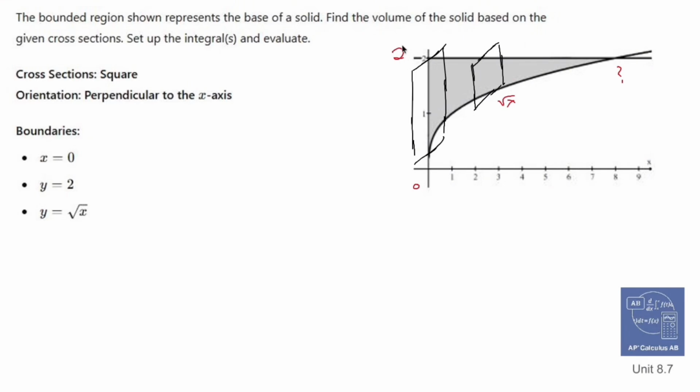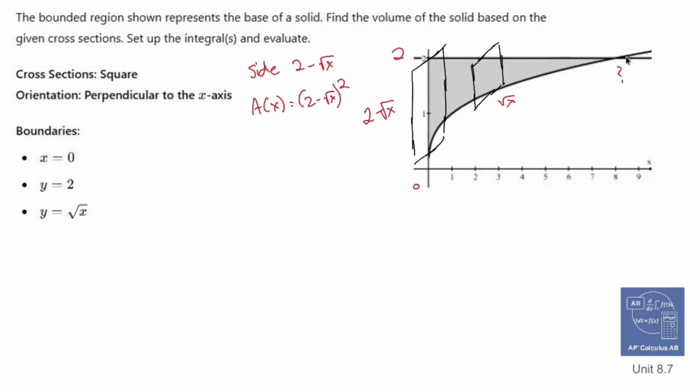Well, if this top equation is 2 and the bottom equation is root x, then each side length is going to be 2 minus root x. And to find the area of a square, we square the sides. So the area, A of x, is going to be 2 minus root x squared.